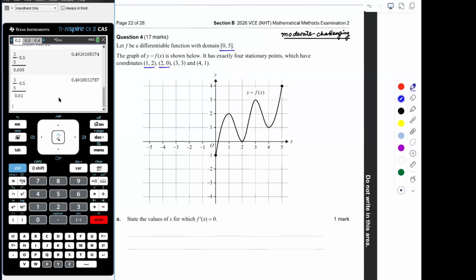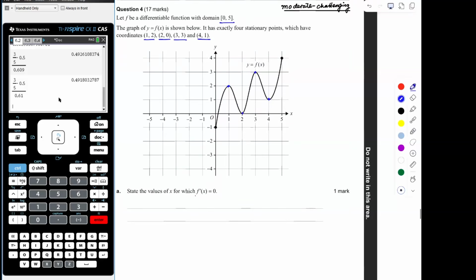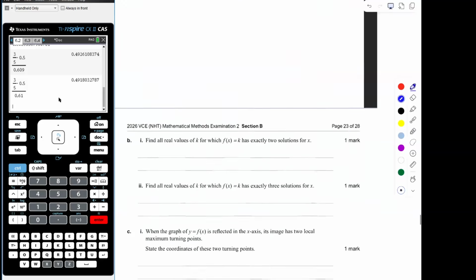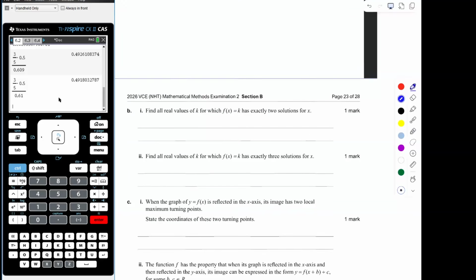We have the following turning points: (1, 2), (2, 0), (3, 3), (4, 1). So the values for which the derivative is equal to 0 are x equals 1, 2, 3, 4. Then find the real values k for the horizontal line y equals k intersecting the graph to have exactly 2 solutions, or to have 3 solutions.